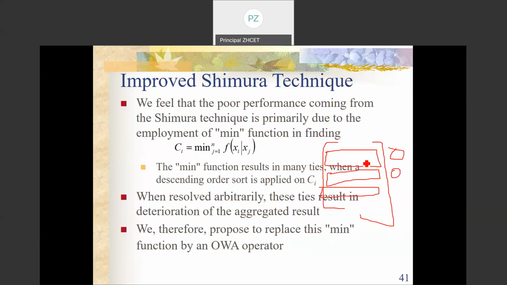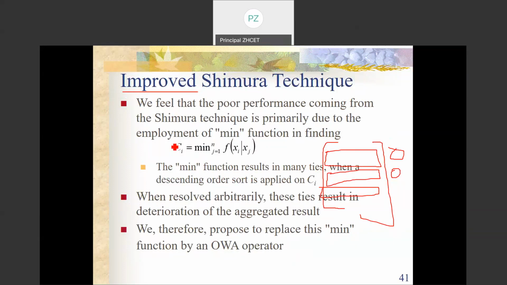So what makes more sense? It makes more sense to use ordered weighted averaging. You remember ordered weighted averaging came in only because min is not a good function, right? So we have to employ ordered weighted averaging. Just in the last step, if we replace the min function by ordered weighted averaging with a proper linguistic quantifier, my Shimura technique will get improved.